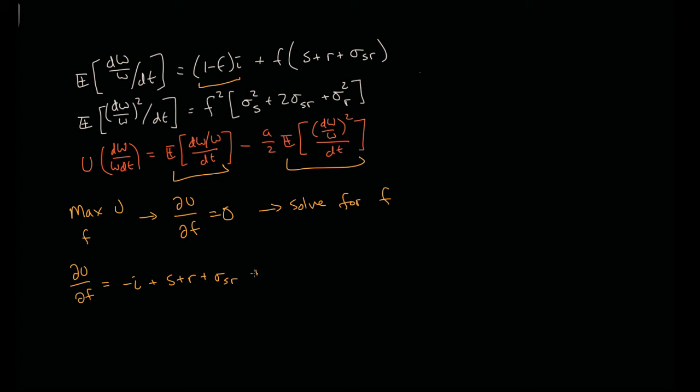Now we have a plus a over 2, and then this equation, so f squared, we're going to get a 2f, and then there are no f's in here, so for the chain rule, we get nothing. This all just comes along for the ride. These, of course, will cancel. And then we're going to set this equal to 0, and we're going to solve for f.